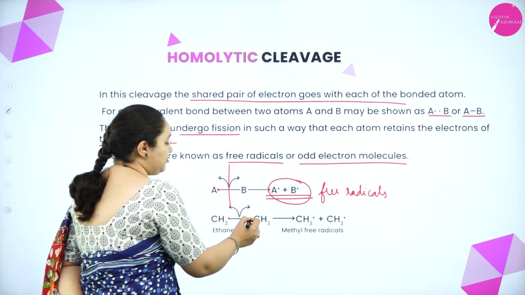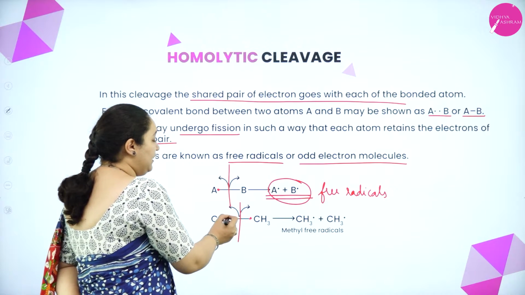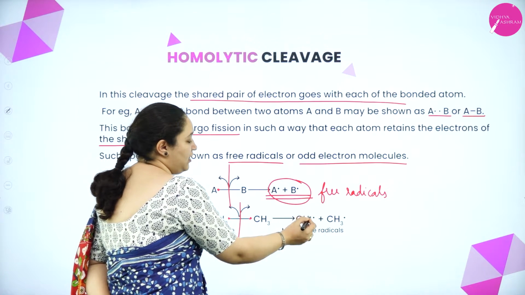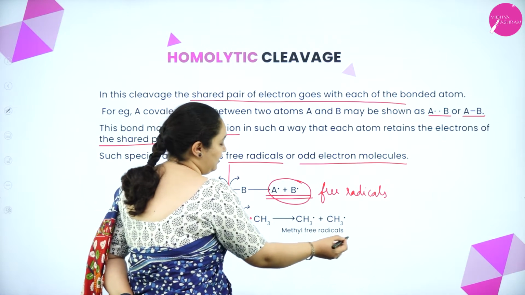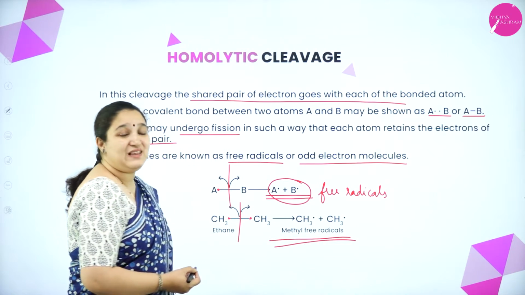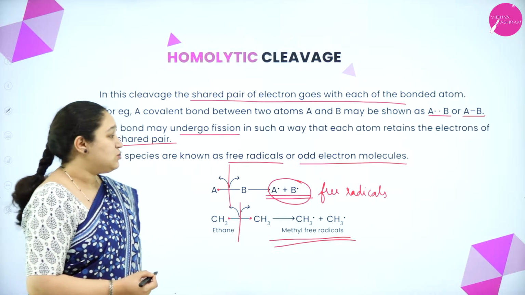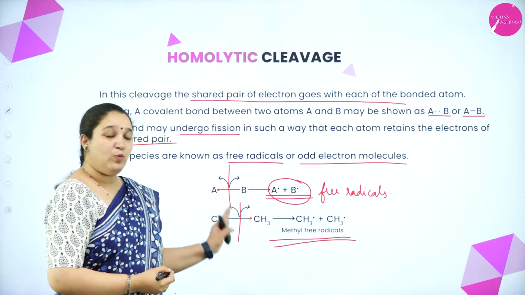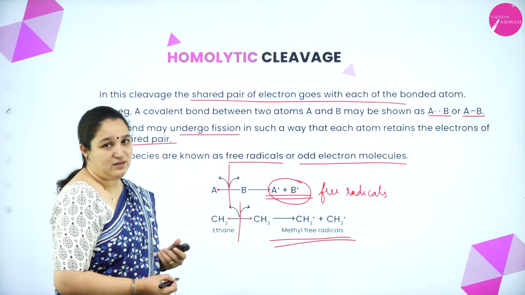Each carbon has given one electron. The bond is broken in such a way that each CH3 group has one radical, and this is called the methyl free radical. So due to homolytic cleavage, we always get a free radical.